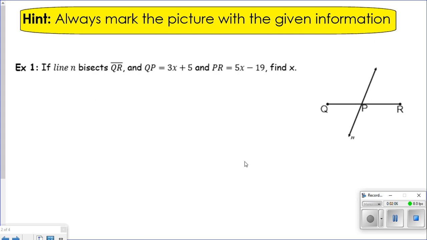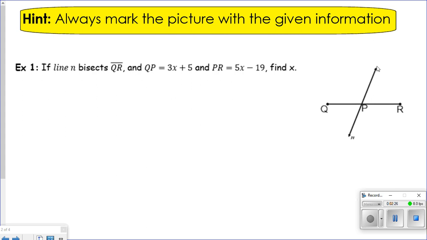So it says if line N, so this line here, bisects segment QR, and QP is 3x plus 5, and PR is 5x minus 19, find x. All right, so there's a lot of information here, some stated explicitly and some that is implied because you know definitions.